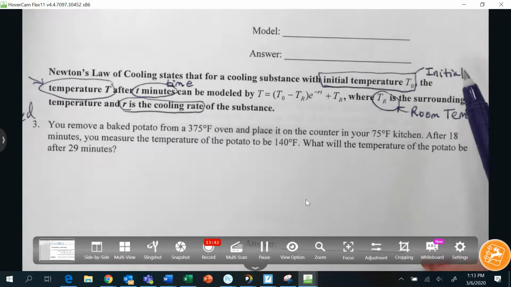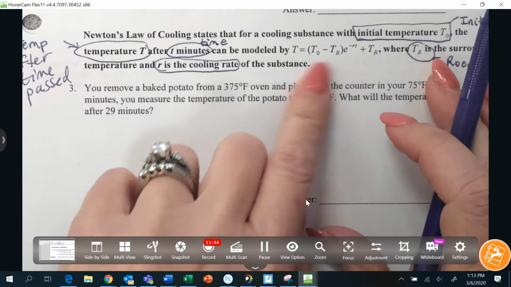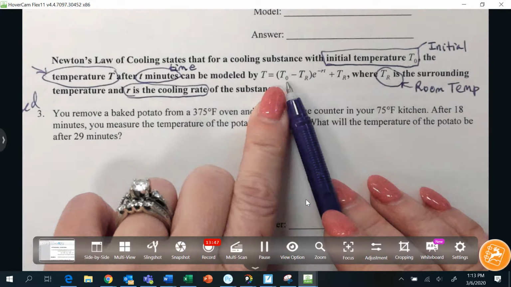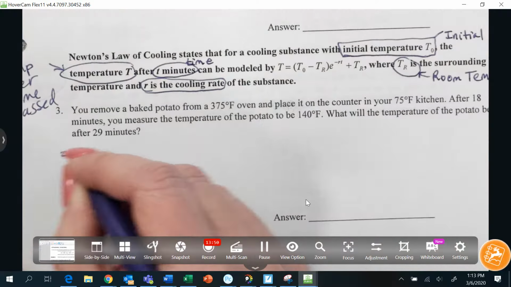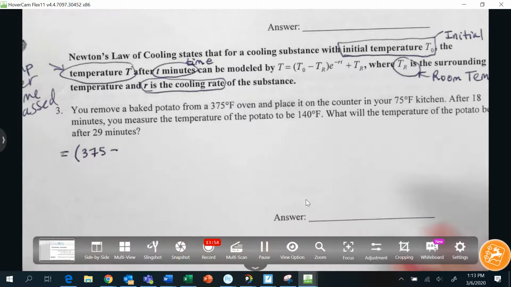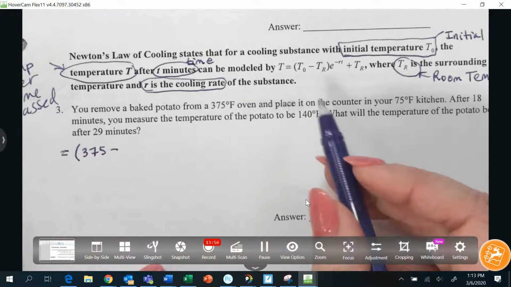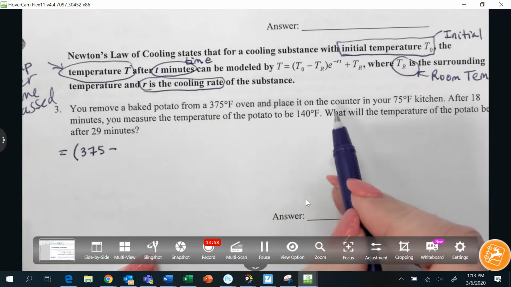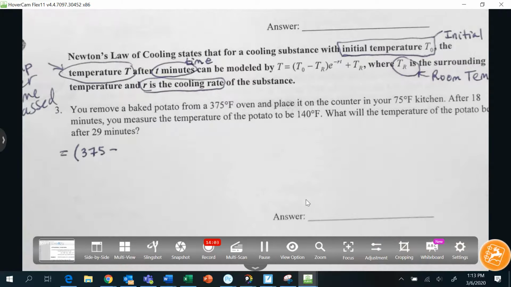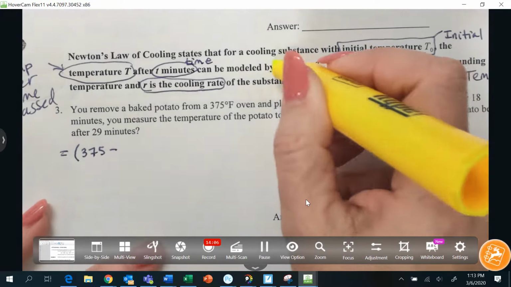375. Okay. So we're going to start filling out this formula, and I'm going to put 375 in that T sub 0. Okay, and we place it on the counter in our 75 degree Fahrenheit kitchen. What is 75 degrees in the formula?